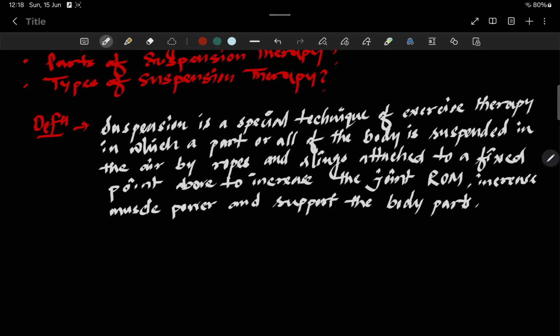So, what is suspension therapy? It is a special technique of exercise therapy in which a part or all part of the body is suspended in the air with the help of ropes and slings, which is attached to a fixed point.